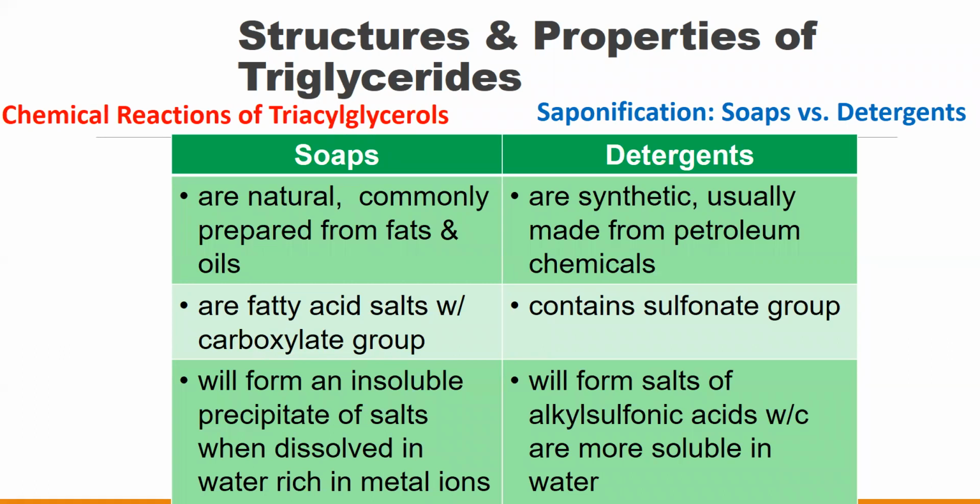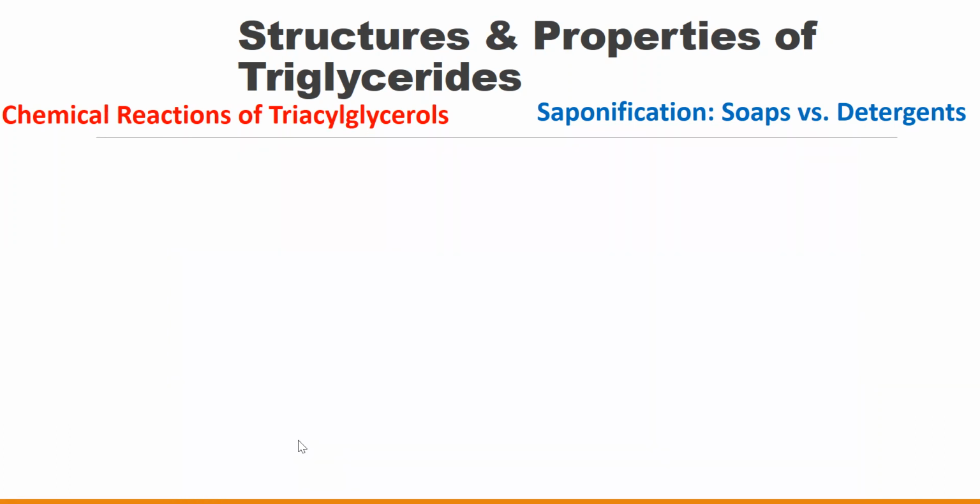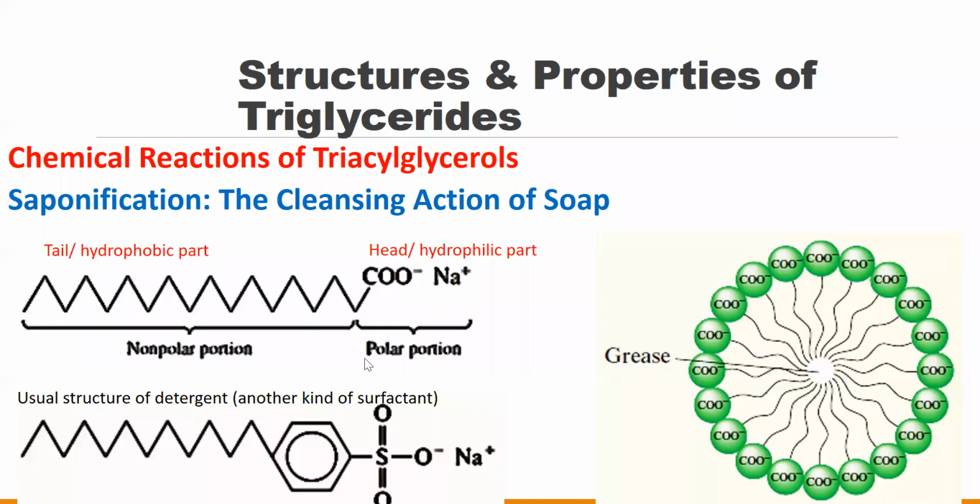In the mountains or on islands, the water resource is usually rich in metal ions. You will notice when you bathe and use soap, whitish scum forms. It is because of the insoluble precipitate of salt that reacts with metals. For example, this is the structure with sodium. When it is replaced with another metal, for example calcium or magnesium, it will form a precipitate.